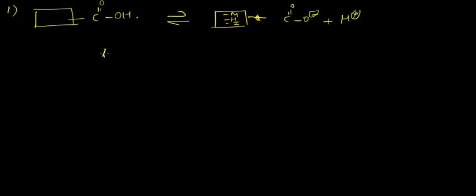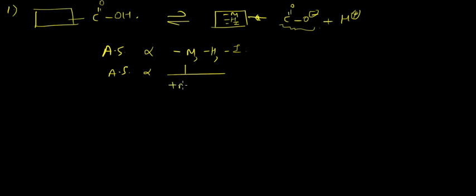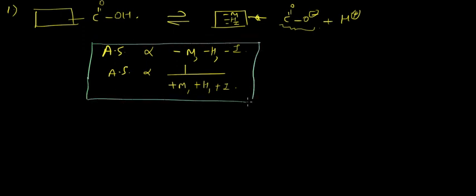So I can say that acidic strength in organic compounds is directly proportional to minus M, minus H, minus I groups attached to the proton giving group, like in this case this one, while acidic strength is inversely proportional to plus M, plus H or plus I. So please remember this as a rule of thumb, and you won't face any problem when you need to compare acidic strength of two or more organic compounds.